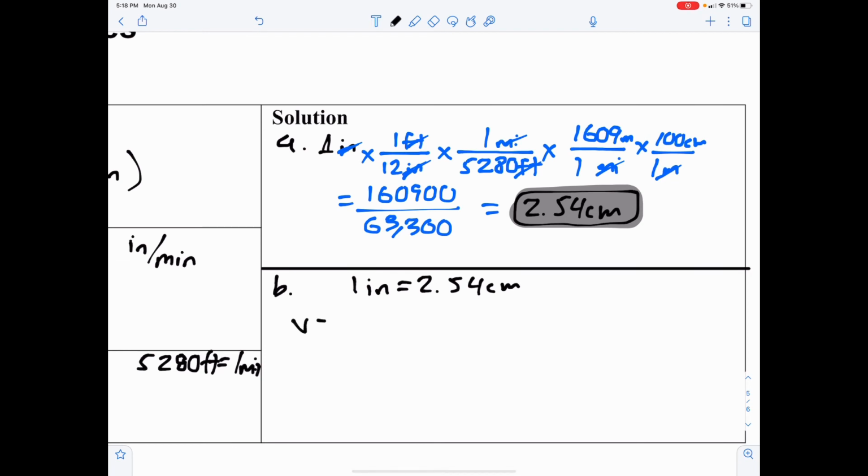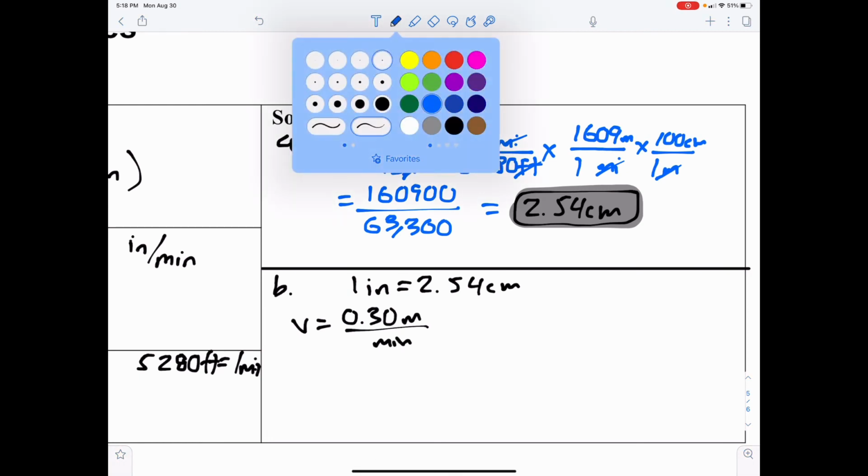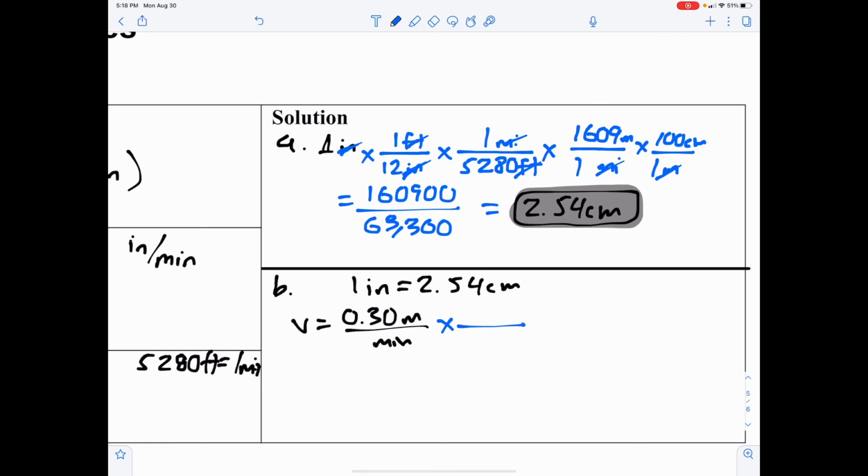So we're going to take the velocity that we were given, 0.30 meters per minute, and we're going to multiply this by a conversion factor.